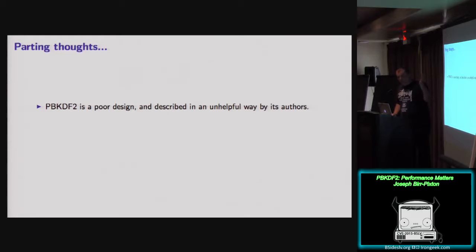It's described unhelpfully. They could have made a lot better job of saying, well, you should do this. To start with, pre-process the key, and then save the result, and then use that as a starting point on every iteration. That would have been really great.